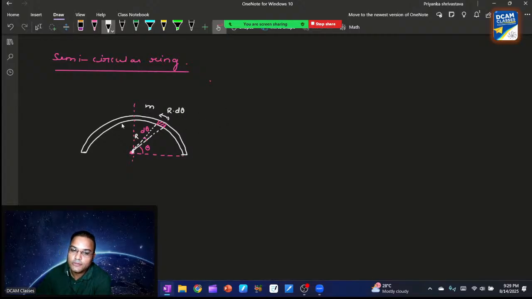Now, if the total mass was m, what is the mass per unit length? For the semicircular ring, the circumference is pi r. Now I have found rho, the mass per unit length. The mass of this dm will be m by pi r into r d theta.